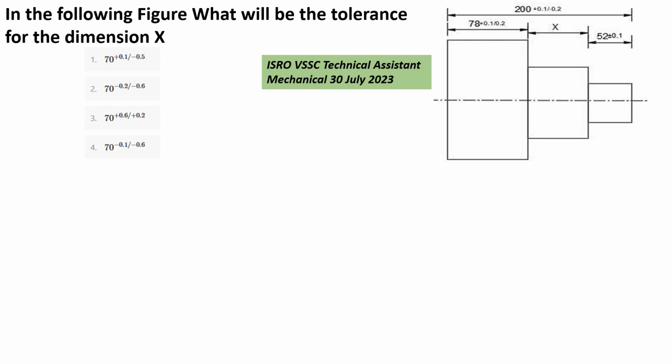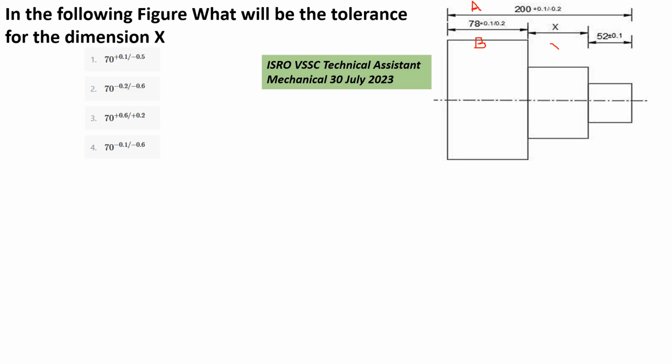Let's consider the overall length as capital A, and this overall length consists of 3 individual step lengths. Let's consider the first individual length as B, its length is given as 78, and the tolerance zone is plus 0.1 and plus 0.2.